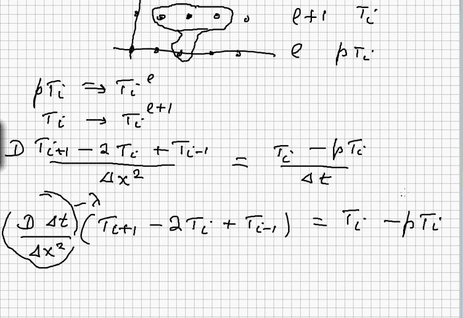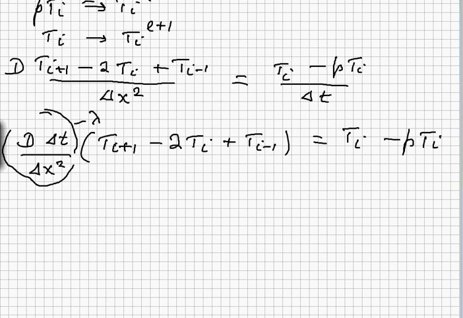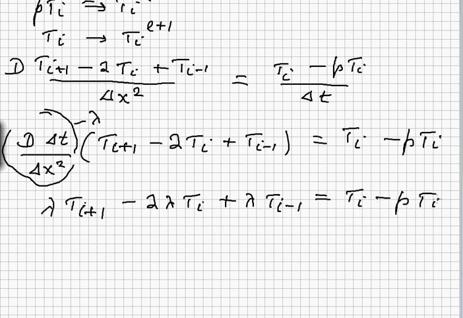In fact, we did a very similar definition in the previous derivation too. So once I have that, I can write lambda times Ti plus 1 minus 2 lambda times Ti plus lambda times Ti minus 1 is equal to Ti minus Pti.